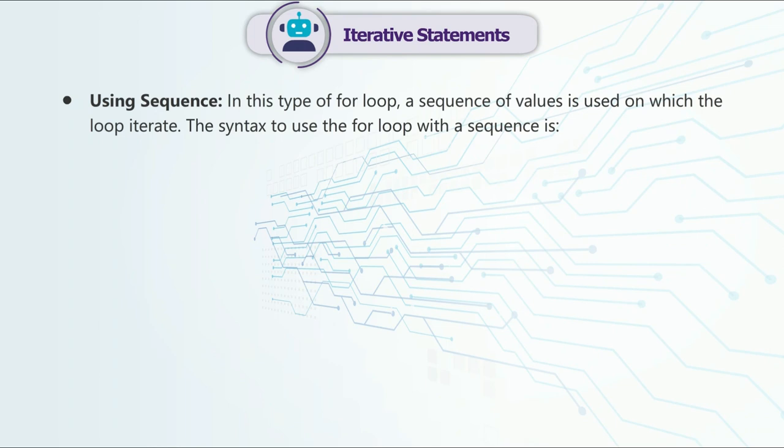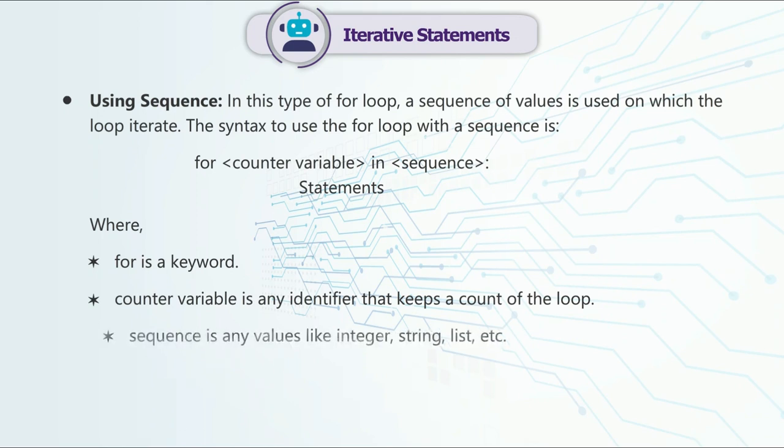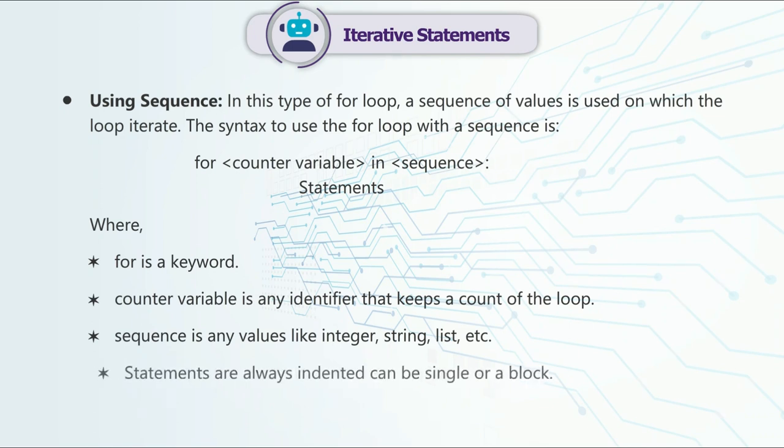The syntax to use the for loop with the sequence is: for counter variable in sequence, statements, where for is a keyword. Counter variable is any identifier that keeps a count of the loop. Sequence is any values like integer, string, list, etc. Statements are always indented, can be single or a block.